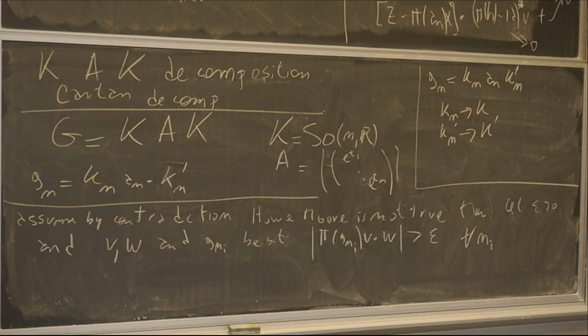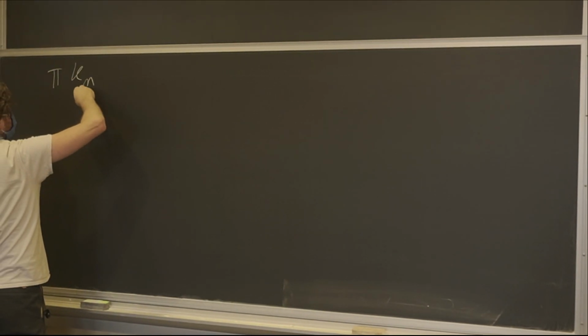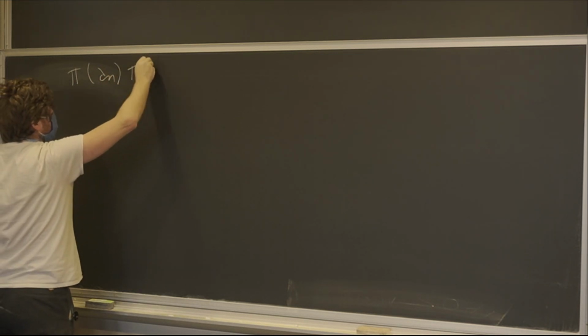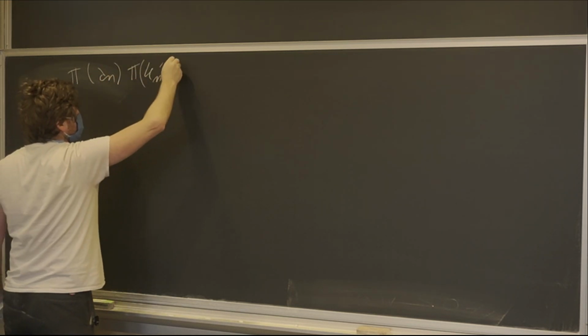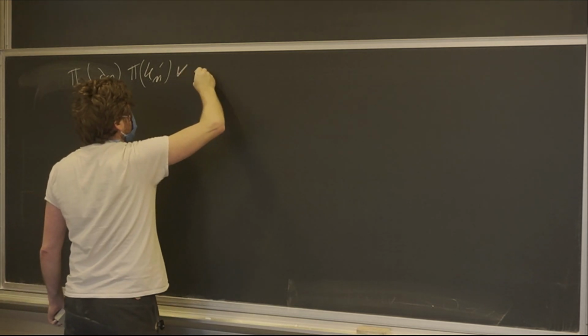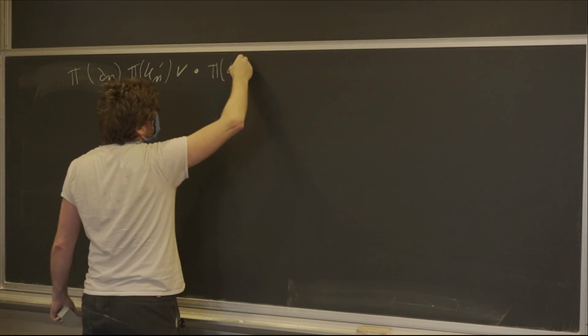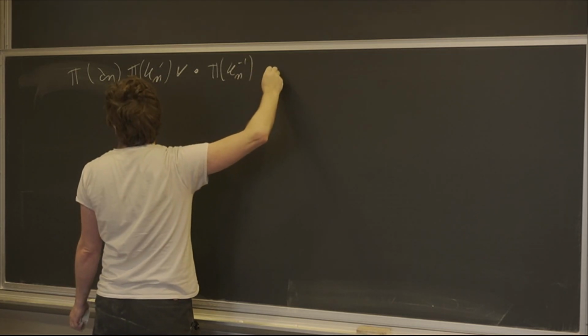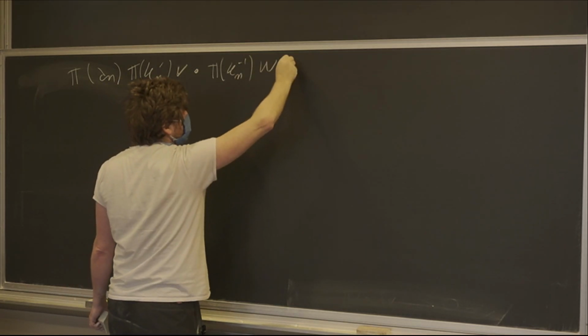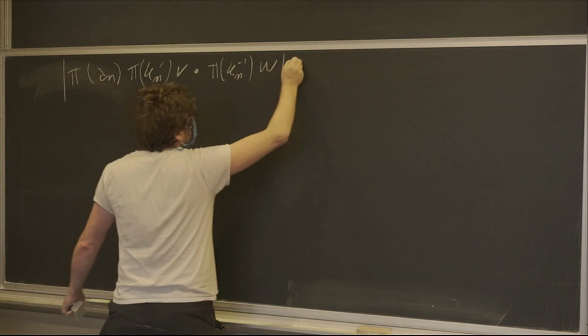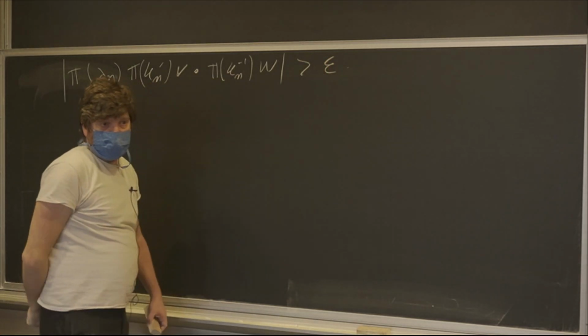So we obtain that π_{k_n} times π_{k_n'} v dot π_{k_n}^{-1} or transpose of w is always larger than epsilon.